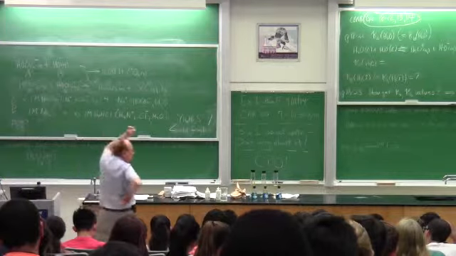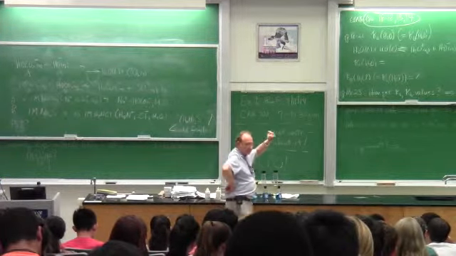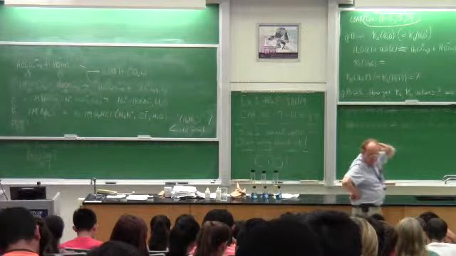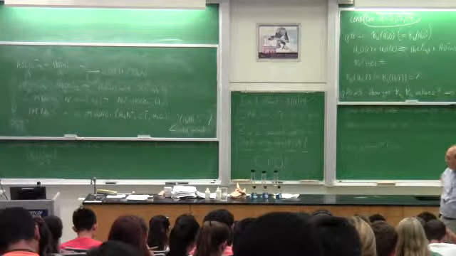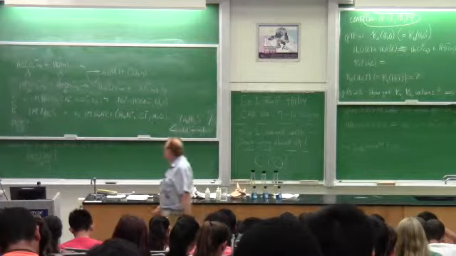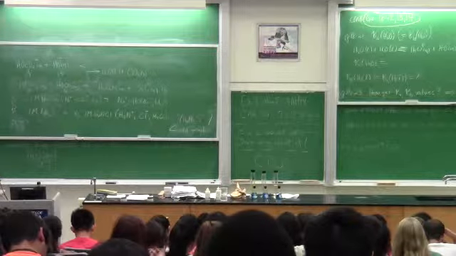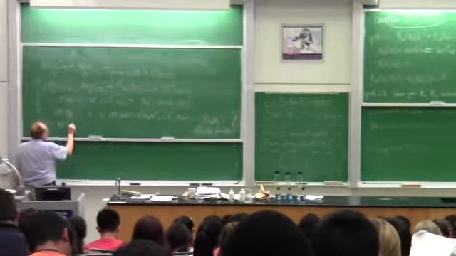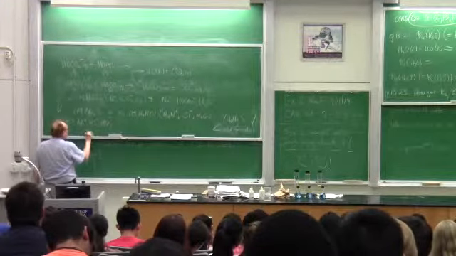Sulfide ion plus water. Products are? HS minus, the conjugate acid of sulfide ion, and hydroxide ion. So there's our PSI. And of course water.